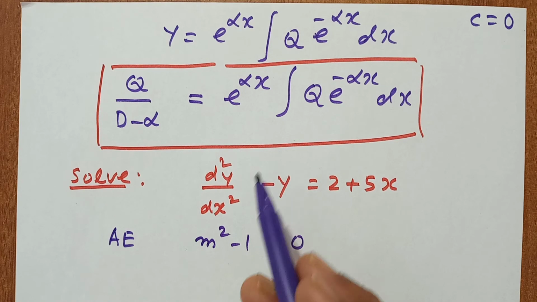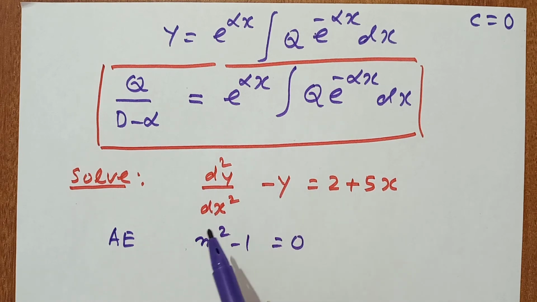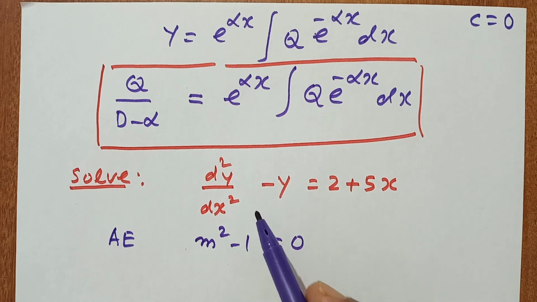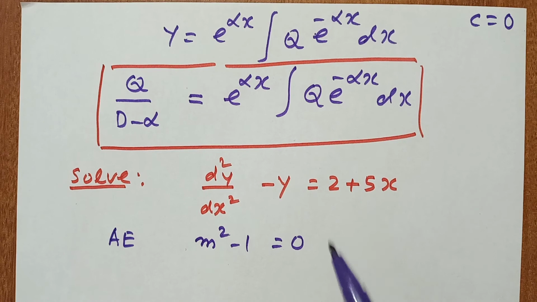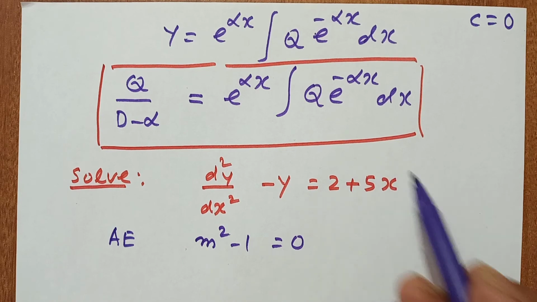As in the previous second order differential equations, we put Q equal to 0. Now I am going to explain for Q not equal to 0.